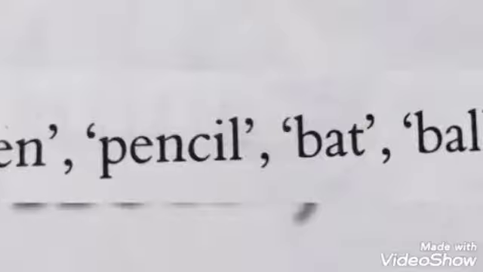Now, what about these nouns? Pen, pencil, bat, ball, etc. All these nouns are non-living things, so they are neither male nor female. A noun that stands for a non-living thing is said to be of the neuter gender.